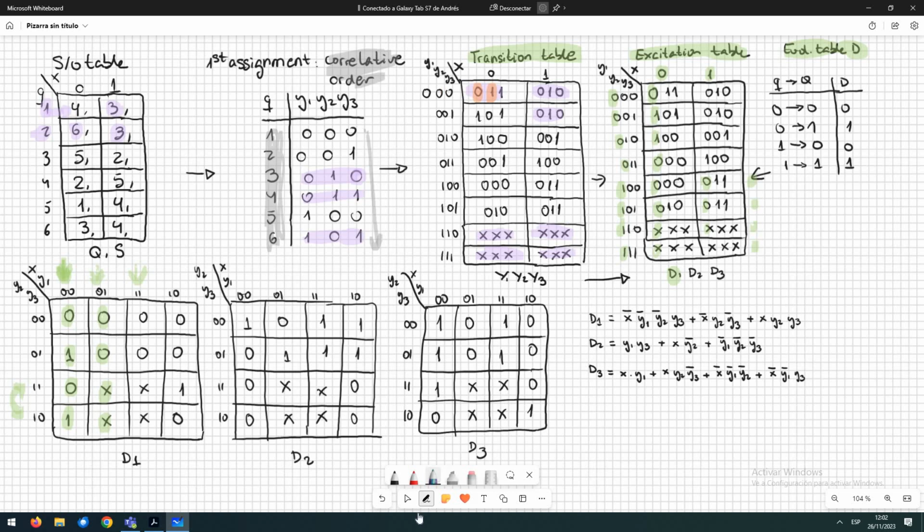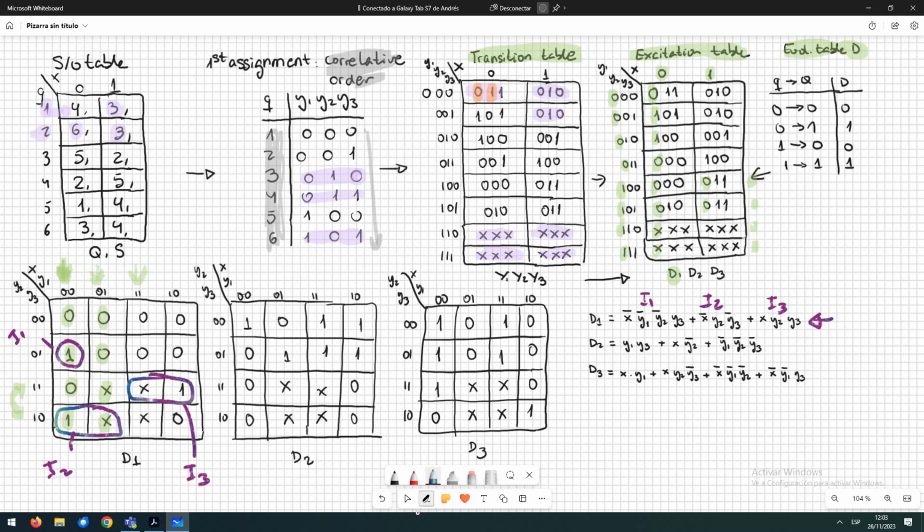For example, here in the Karnaugh map of D1 we have this prime implicant, this prime implicant, and this prime implicant. If we call them implicant 1, implicant 2, and implicant 3, we have here implicant 1, implicant 2, and implicant 3. And this is the expression of D1.